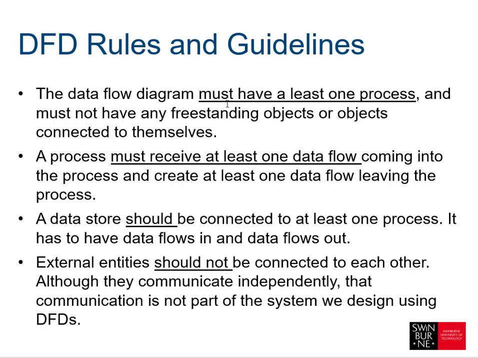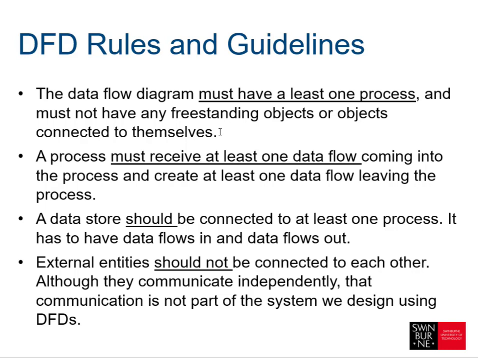So remember, you must include more than one process, in other words, more than one use case in your data flow diagram. You can't have any freestanding objects, for example, any process or use case or external agent without connecting to any object in your data flow diagram.